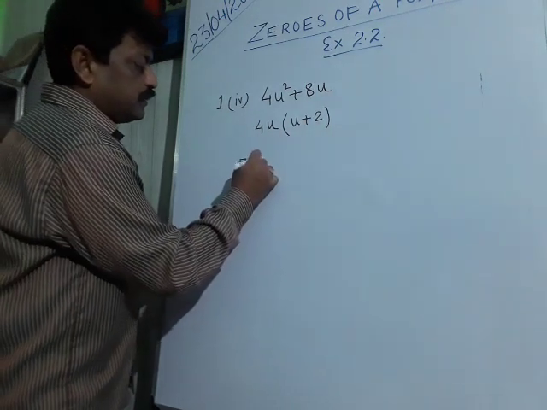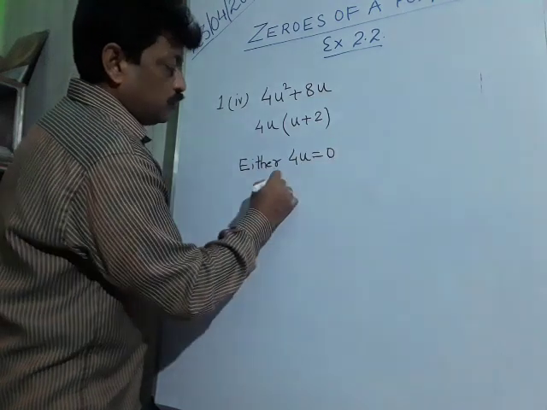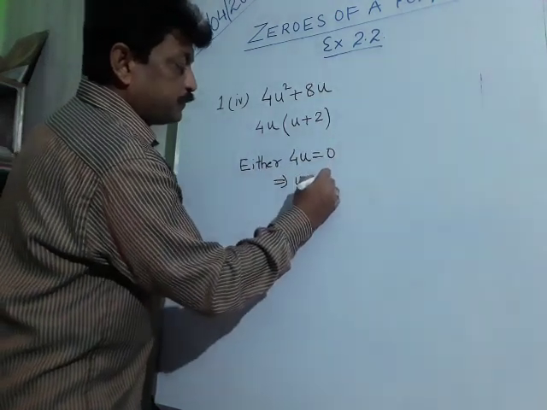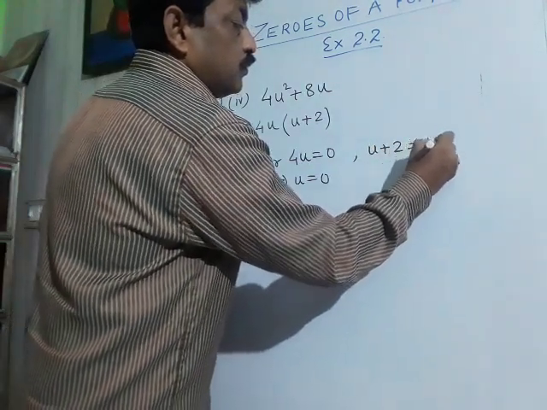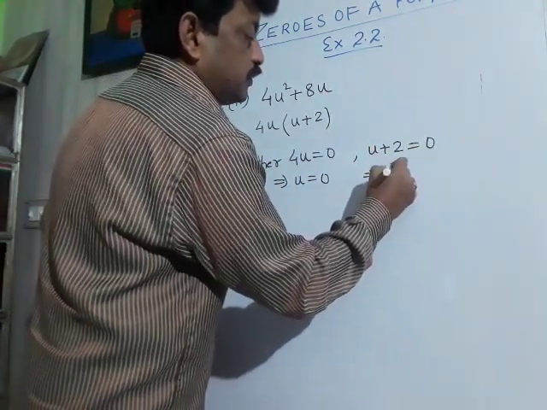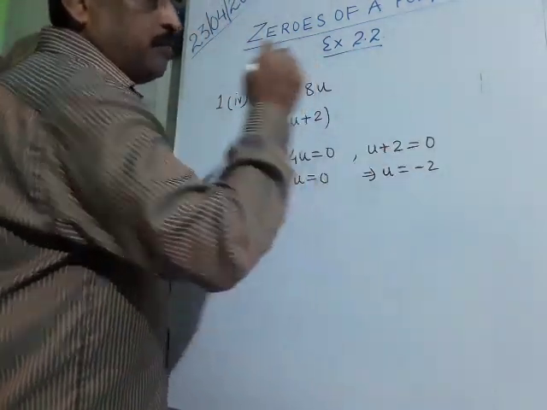So either 4u equals 0, so we can say that u equals 0, or u plus 2 equals 0, which implies u equals minus 2. So there are 2 zeros, 0 and minus 2.